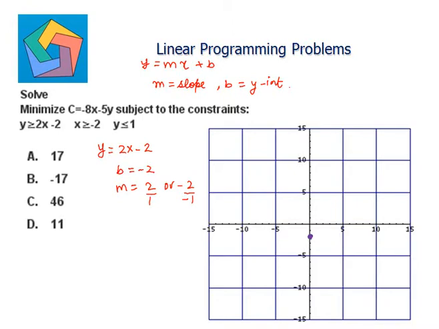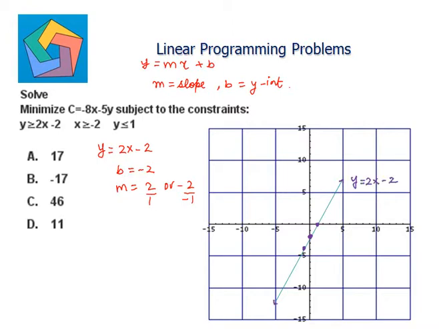Now 2 units up and 1 unit to the right gives one point, and 2 units down and 1 unit to the left gives another. By joining these 3 points, I get the graph of the line.